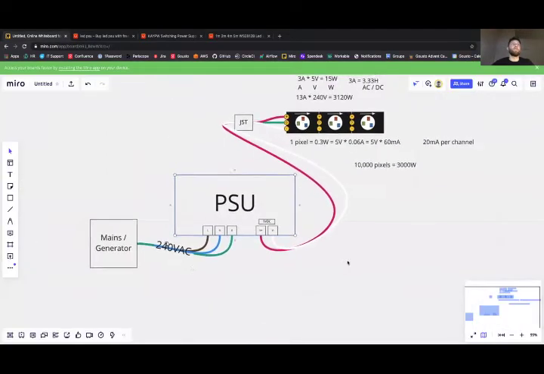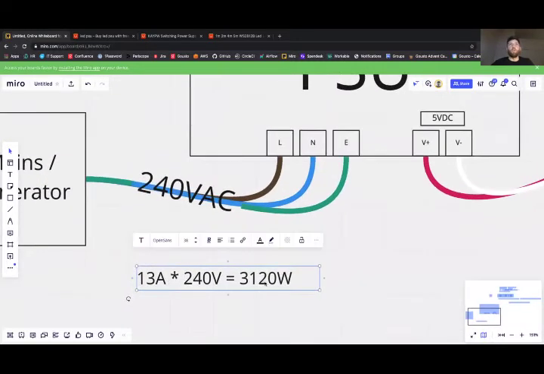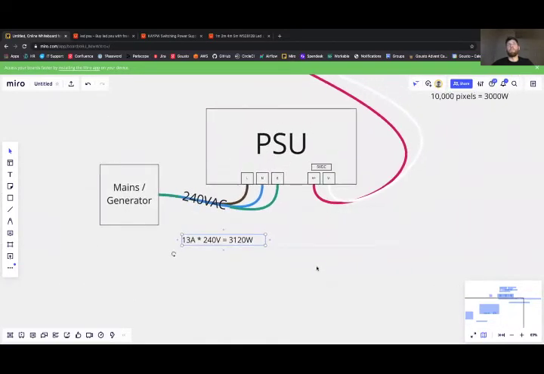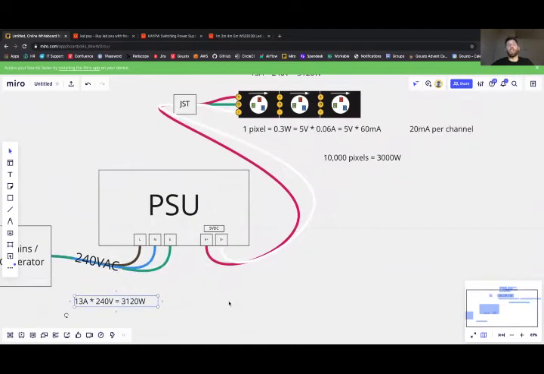So if we've got this calculation, we know that we can drive up to 3,120 watts along this mains line into the PSU. We can't ever get that much wattage out of the PSU. Those units simply don't exist, and there are technical reasons why they don't.